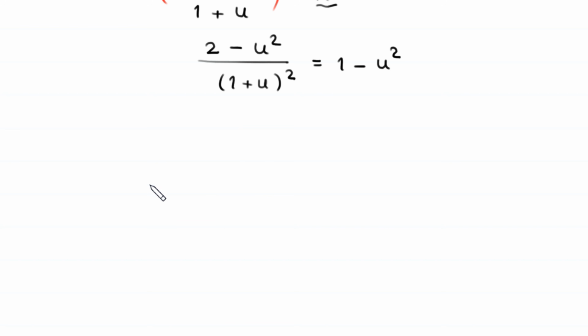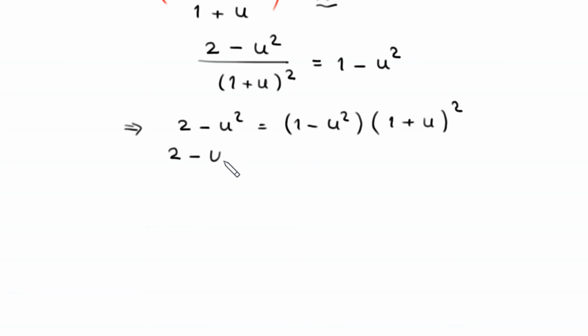Now if we multiply both sides by 1 plus u whole squared, this implies that 2 minus u squared is equal to 1 minus u squared times 1 plus u whole squared. Next, expand 1 plus u whole squared, which becomes 1 plus 2u plus u squared.